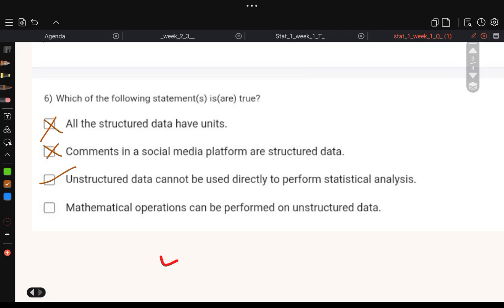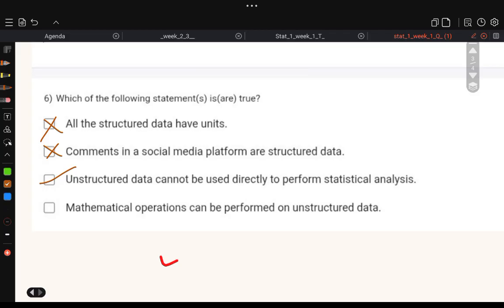But for the fourth option, about whether we can perform any mathematical operations on them or not, structured data are numbers, so we can perform operations on them, right?